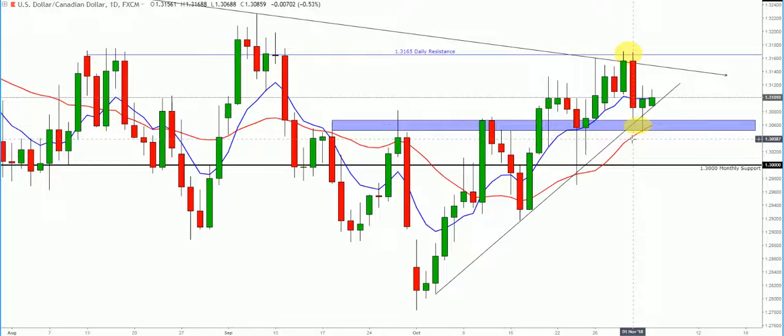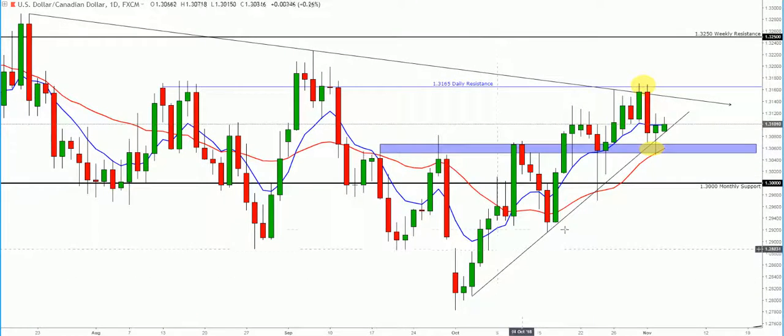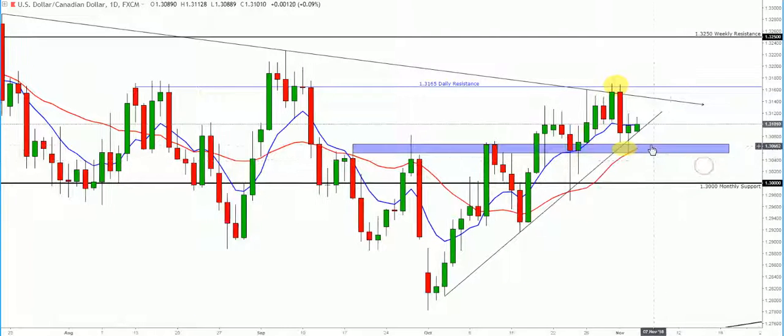On the daily time frame, you can see that price is rejecting this daily uptrend here. It is quite steep. The most recent low was a rejection from that uptrend, in line with a rejection from this 1.3060 support zone, as well as the simple moving average.